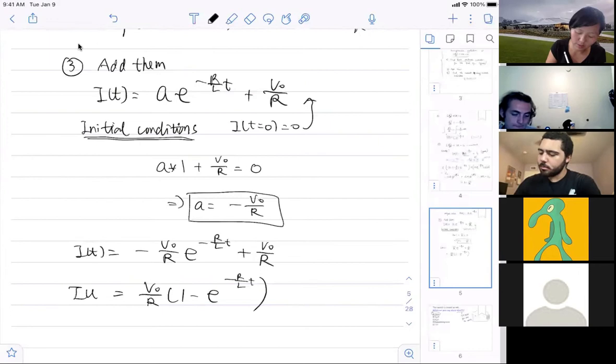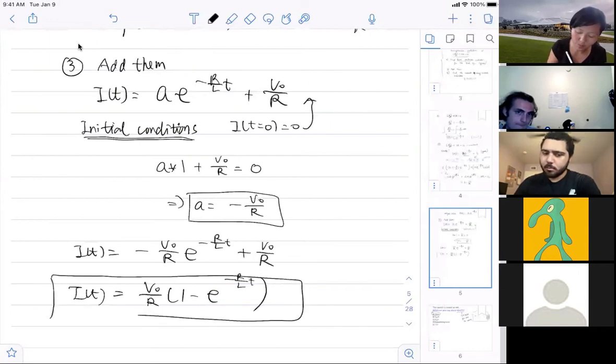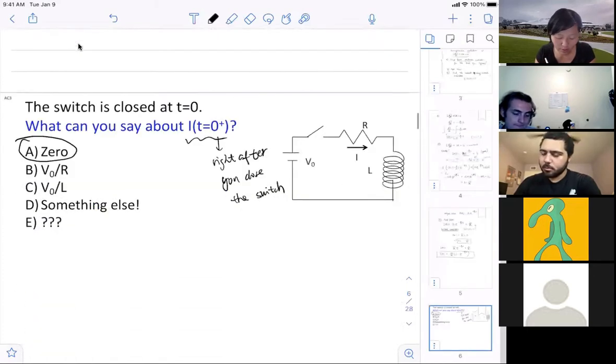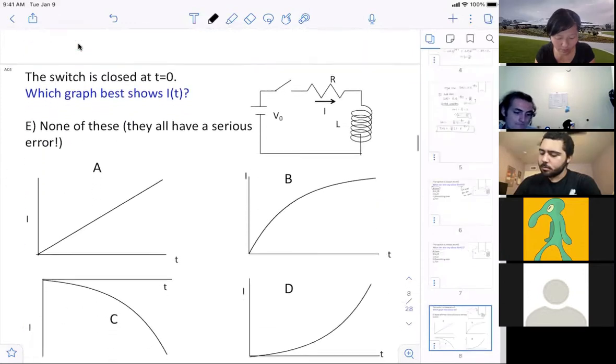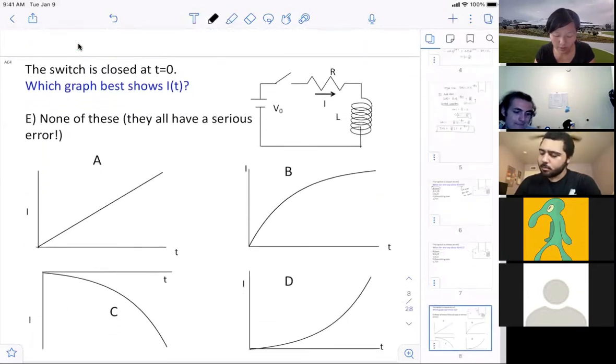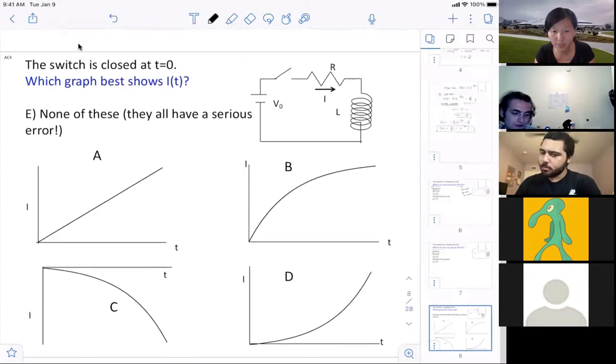This is what I have solved for, which is the solution to the RL circuit. In terms of graphing it, what do you think is best represented by one of these graphs?